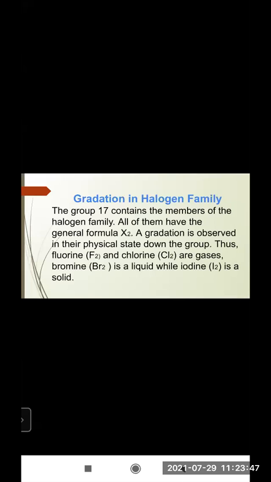Then bromine, that is Br2, is a liquid, while iodine I2 is a solid. Clear? Fluorine and chlorine are in gaseous form, bromine is in liquid form, and iodine is in solid form. So this is the gradation observed in the halogen family.